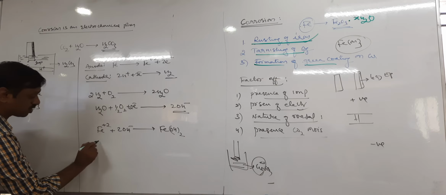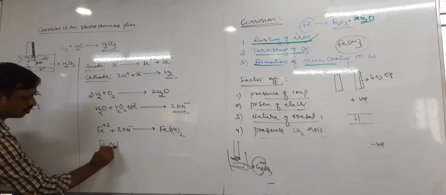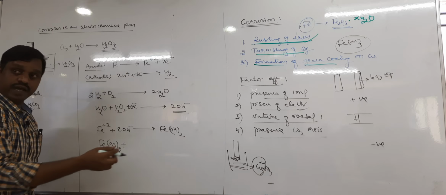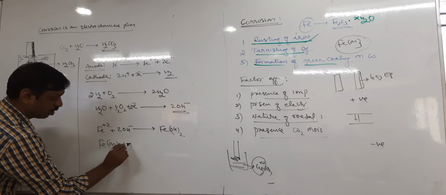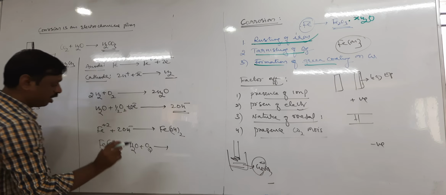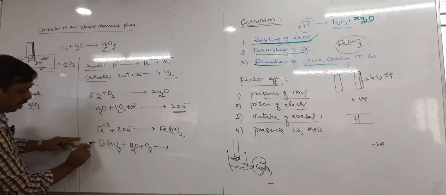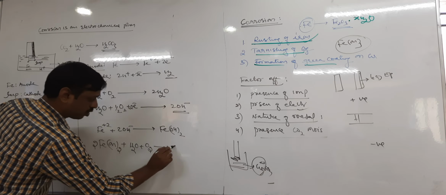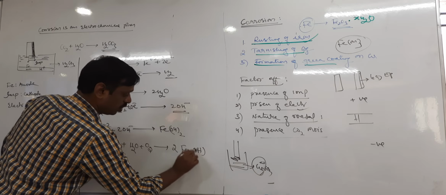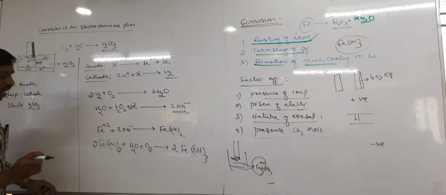That ferrous hydroxide further undergoes oxidation. Fe(OH)2 again reacts with oxygen and water, H2O plus oxygen. So therefore here I'll take 2 moles. 2 moles Fe(OH)2 converts into Fe(OH)3. Is it balanced or not?